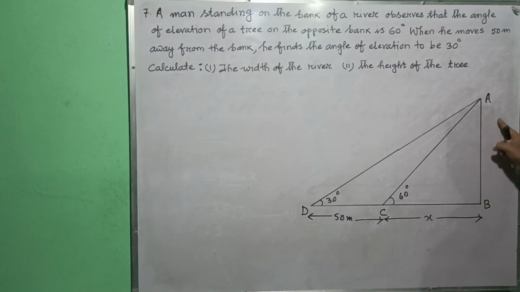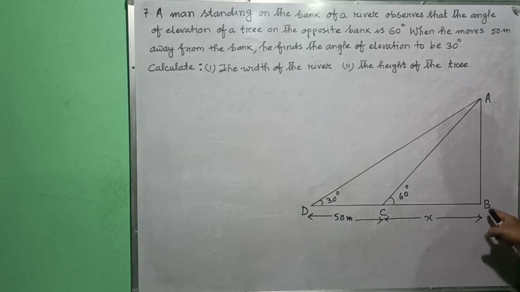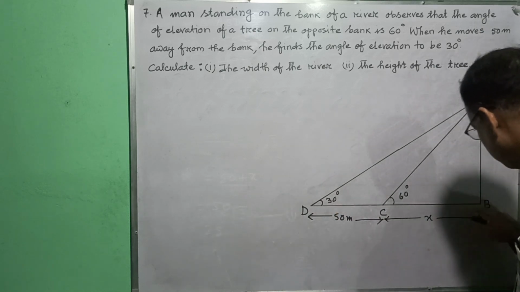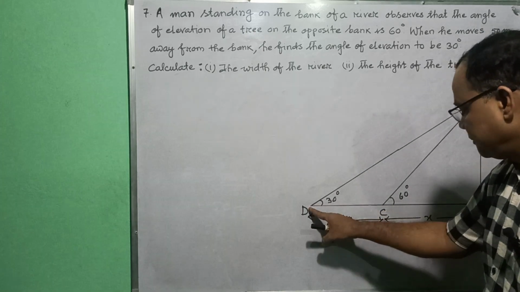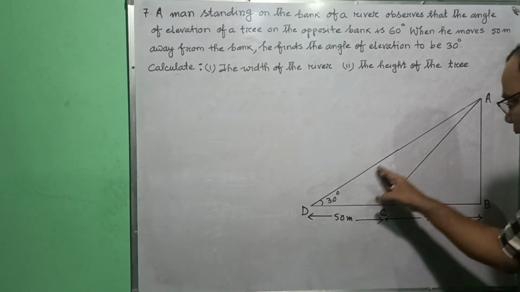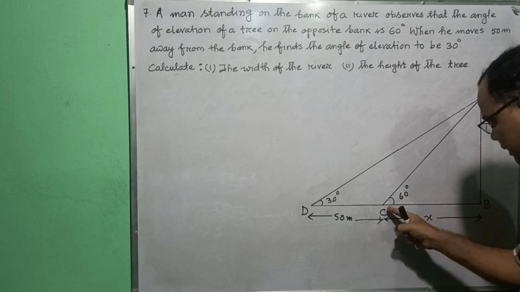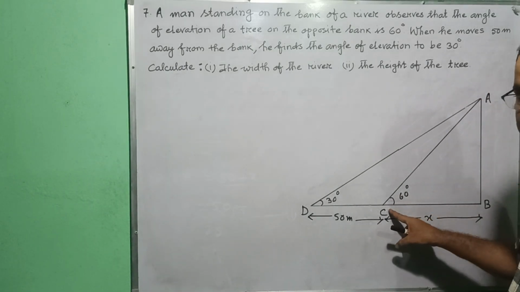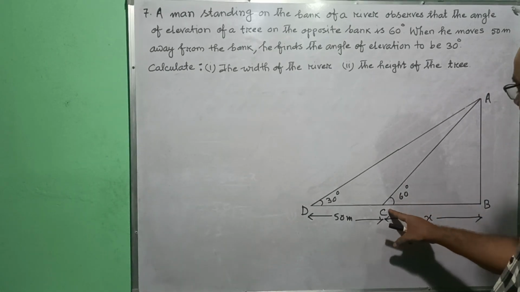First you have to draw this line as AB, which represents the height of the tree, and the horizontal line here up to this, and then join AD and AC. This C is the position of the man.